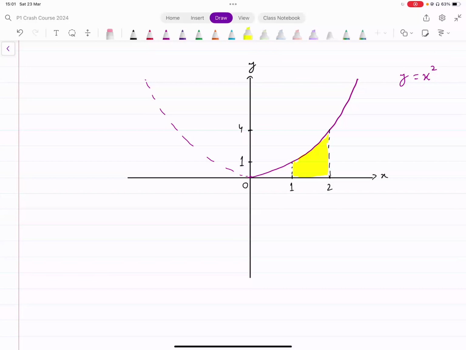If you wanted to rotate this area about the x-axis 360 degrees, again considering x-axis as the axis of rotation, so you're rotating this about x-axis, what figure would you get from that? You would get a shape that looks something like this.